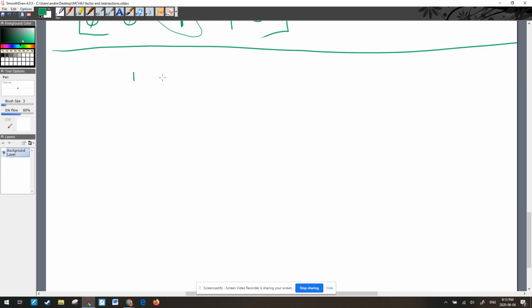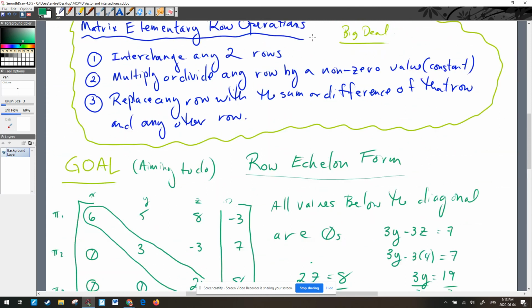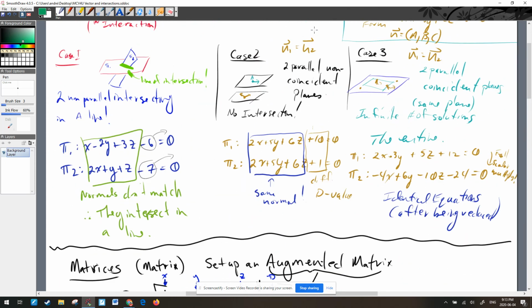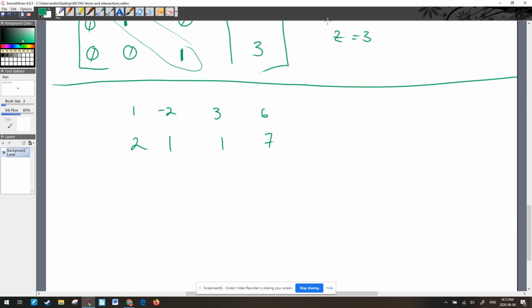So it's 1, -2, 3, and then 6, and then 2, 1, 1, and then 7. Is that what it is? 1, -2, 3. 1, -2. Yeah, okay, that's what it is. All good. So here is our augmented matrix.